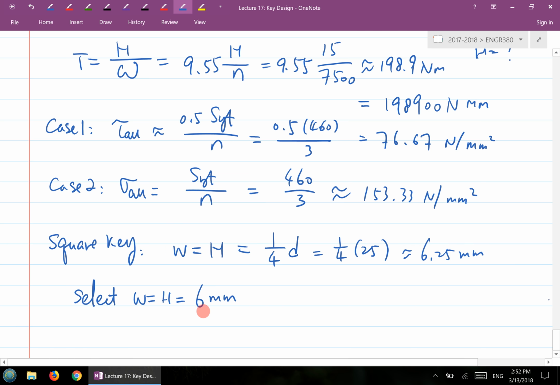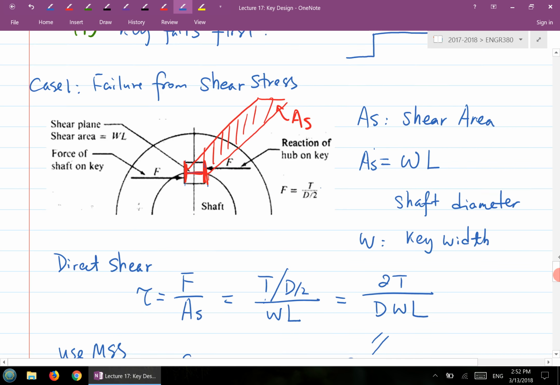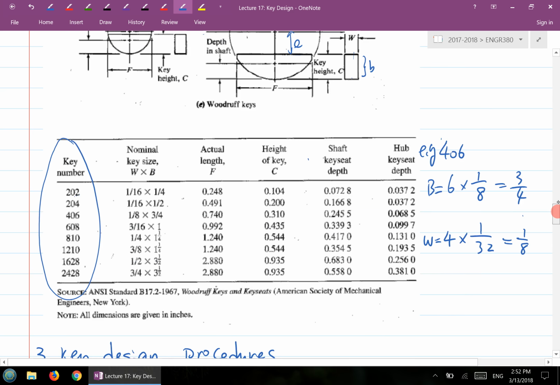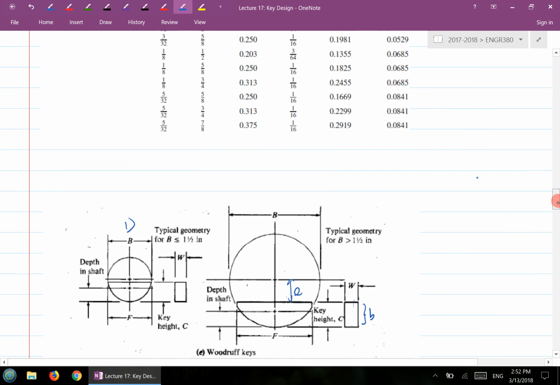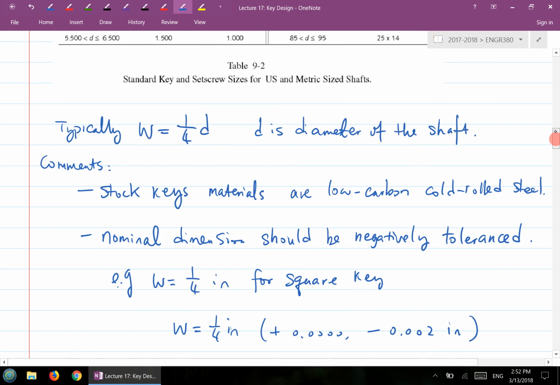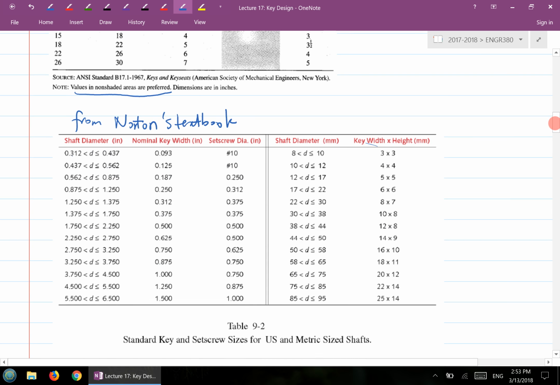So you can choose 6 here. If you look at this table, our D is 25, so if you look at the D25, it has a recommended 8x7 here. But I've just been going by myself, choosing 6x6.